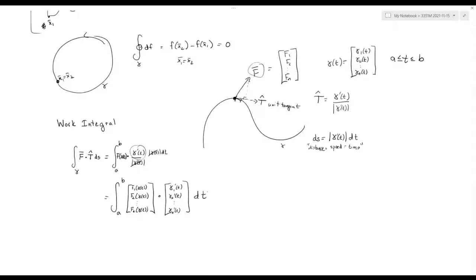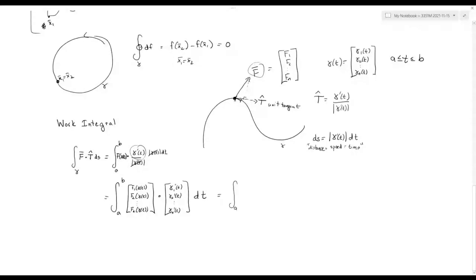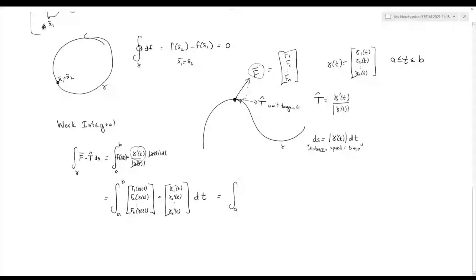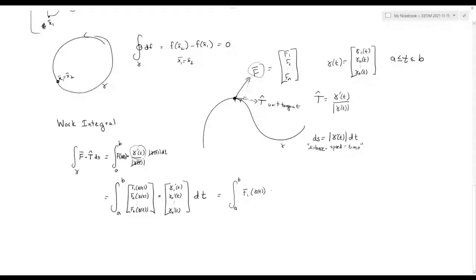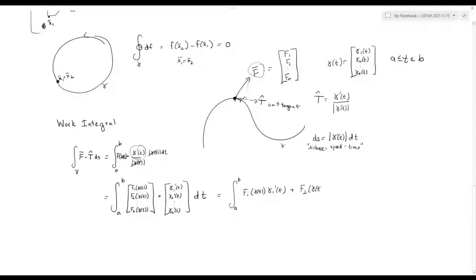After we take the dot product, we recognize that this reduces to just an integral in one variable. It looks like the integral of a one form, in fact. It's f1 at gamma of t times gamma 1 prime, and then dt, and so on. So this kind of looks like the integrals that we were just doing, times dt.